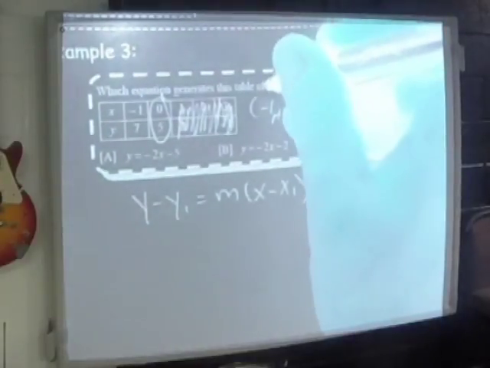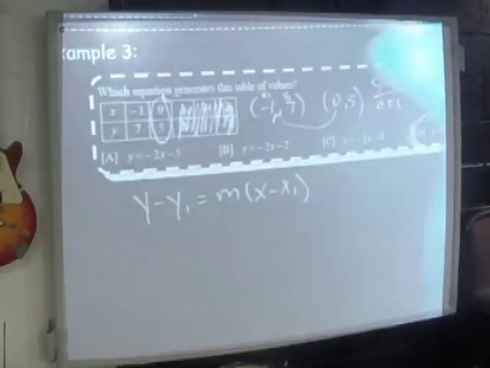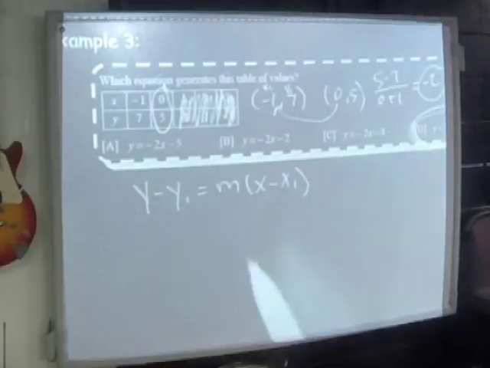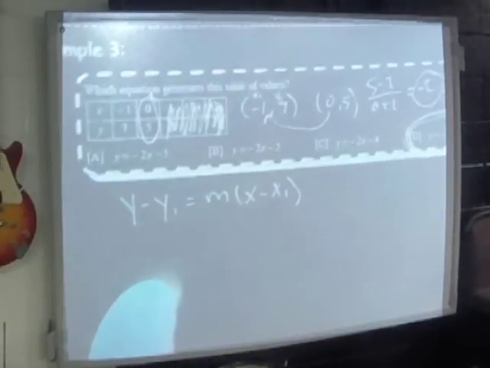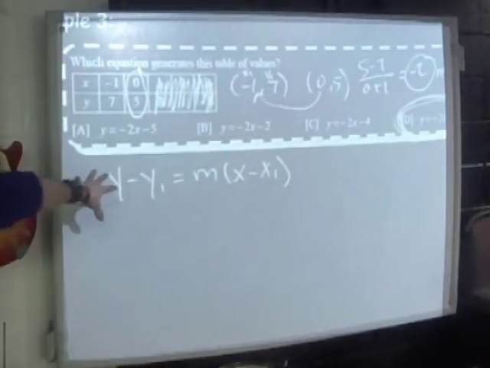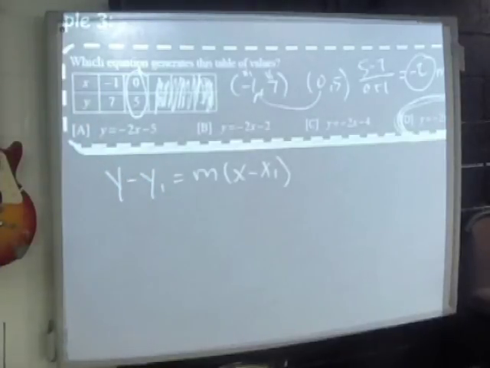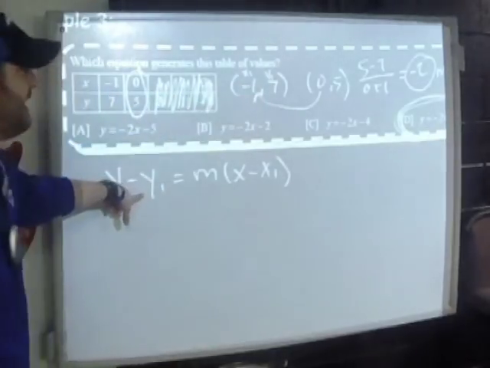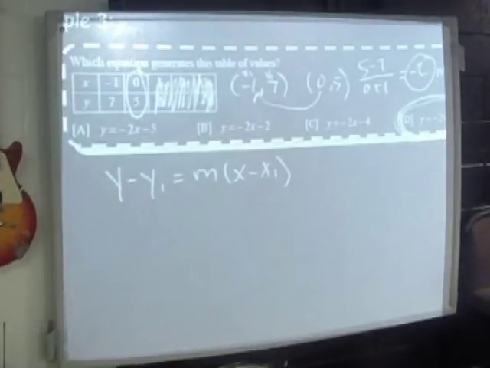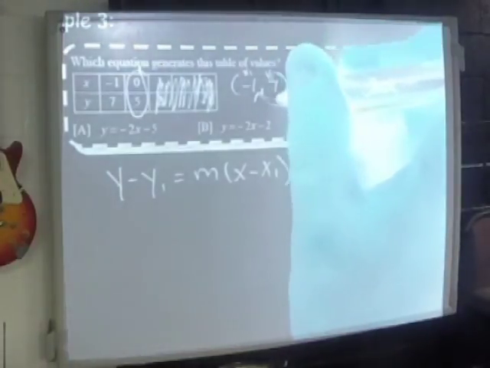All right, that's your slope. Let's call this x1 and y1 right here. And then let's make this equation using point-slope form. Remember that point-slope form is like a recipe for making an equation when you have 2 points or when you have 1 point and a slope. So let's call this x1, y1. Y minus y1 is going to be y minus what? What's my y1? Y minus 7.